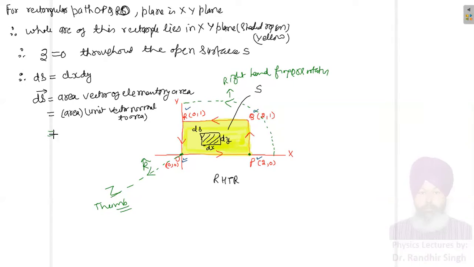Therefore I can very easily write it as dx dy k cap. So I have found this area vector, dS vector.